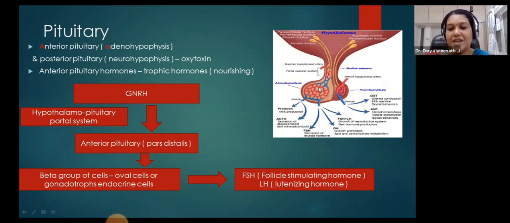In this area, there is a beta group of cells. From the beta group of cells, a small oval group of cells is there. They secrete FSH and LH.